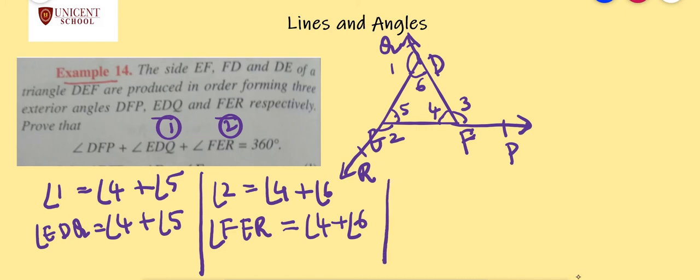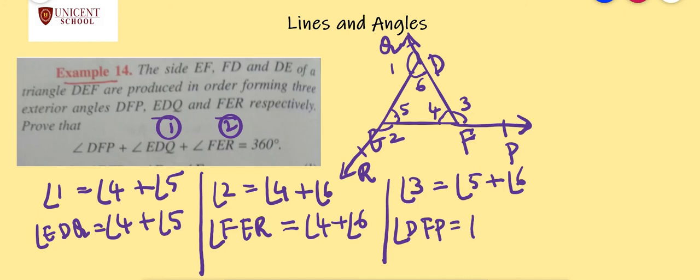Now we'll go with the third exterior angle, that is angle 3, which is equal to angle 5 plus angle 6. Angle 3 can also be written as angle DFP, which is equal to angle 5 plus angle 6.